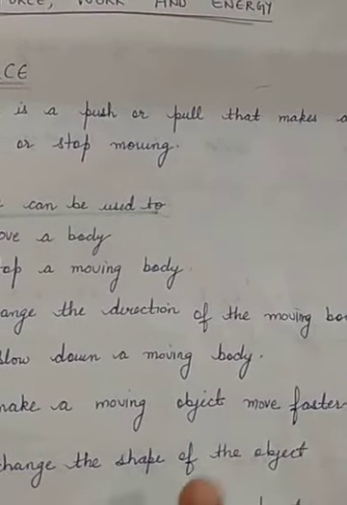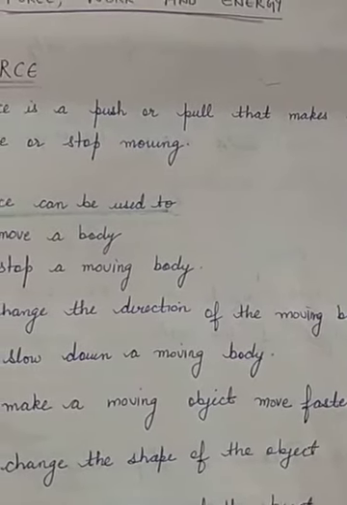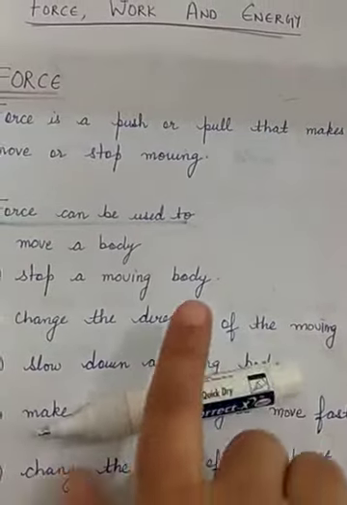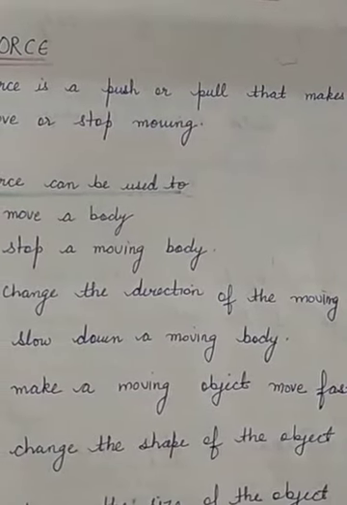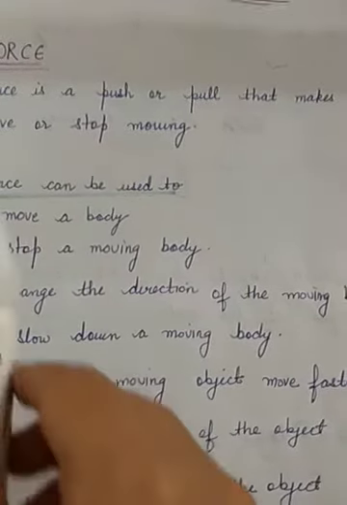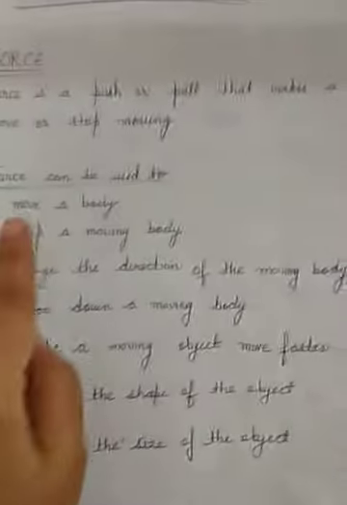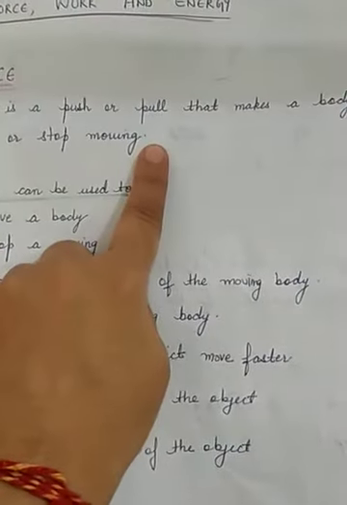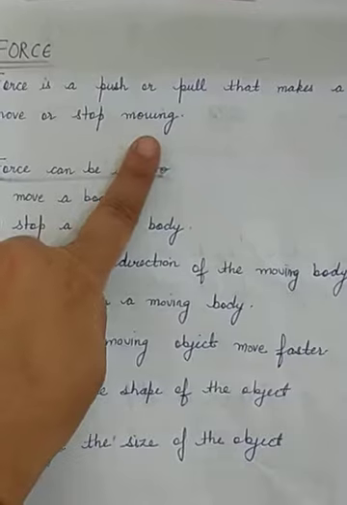If any object is moving, force can make that object move very fast. It changes the shape and the size of the object also when we apply force. So force can be used in a number of ways. And what is force? Force is simply a push or pull that makes a body move or stop moving.